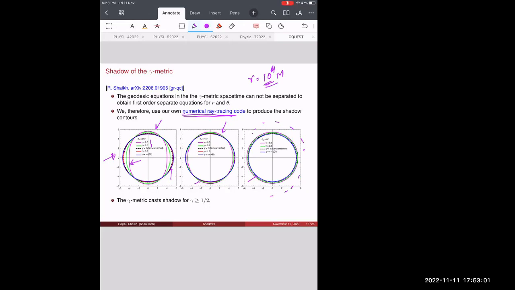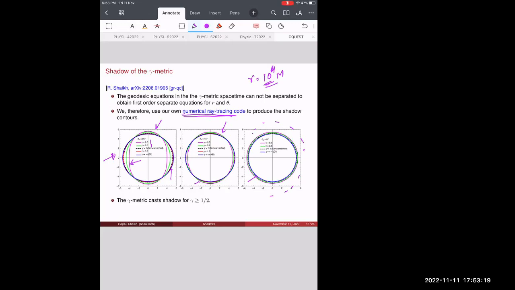One more question is about the shape of the shadow between the black hole and the wormhole. The shadow of the wormhole is something different from that of the black hole, especially the inside part. Is it right?